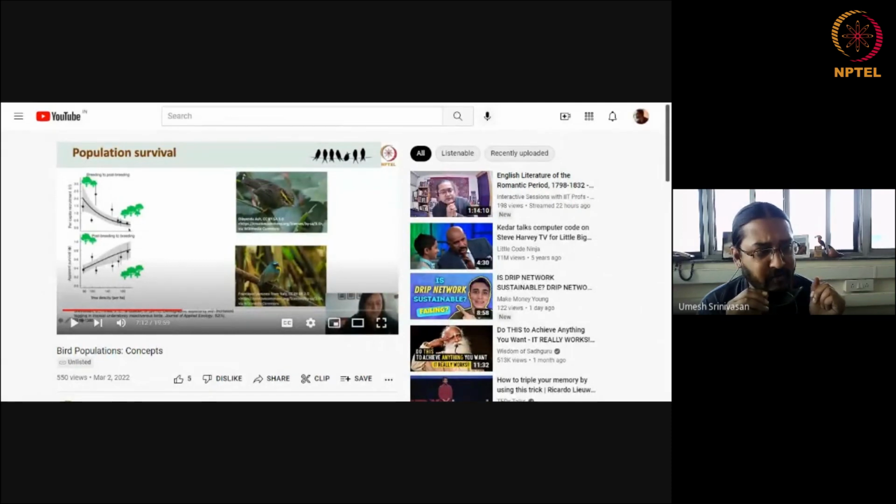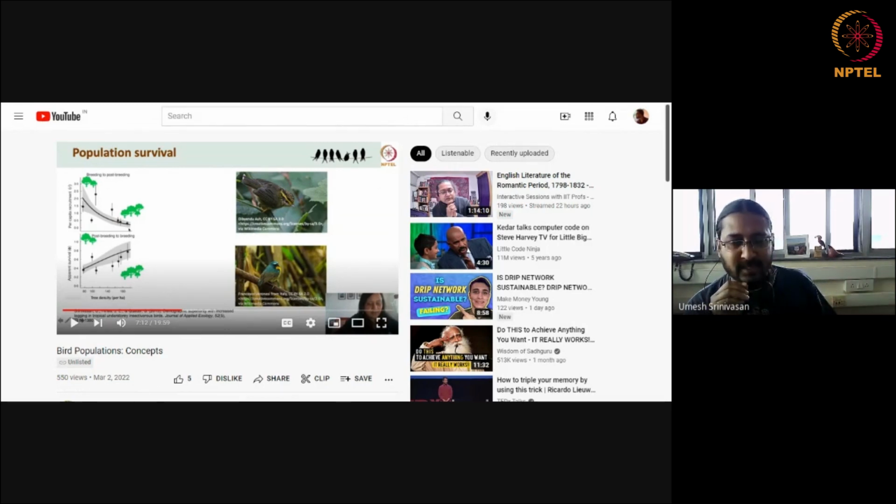Correct. So phi, which is apparent survival, is the probability that a particular individual bird survives and stays in the same location from one year to the next. When we estimate survival rates in birds, we can't really tell whether a bird has died or permanently moved away from that patch.